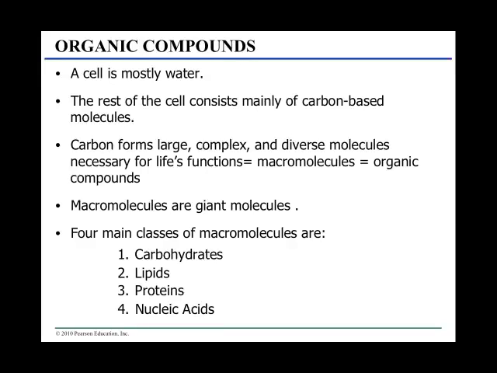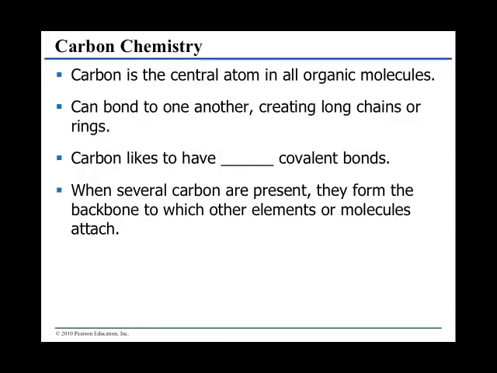So we're going to be looking at 4 molecules in this lecture. Carbohydrates, which are sugars, lipids, which are fats, proteins, and nucleic acids, which are DNA, RNA, and ATP. So carbon is the main atom in all of these molecules.